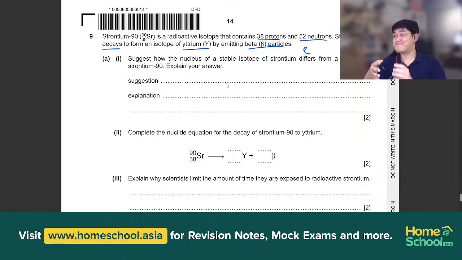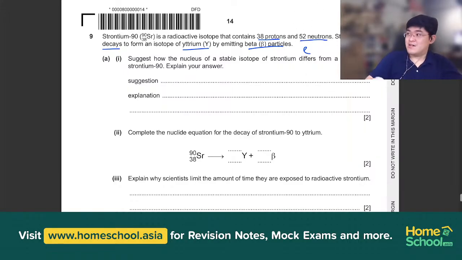Explain your answer. So usually, for a stable isotope of a certain element, compared to a radioactive isotope of the same element, for something like strontium, which has only 38 protons, you see over here there are 52 neutrons in strontium-90.